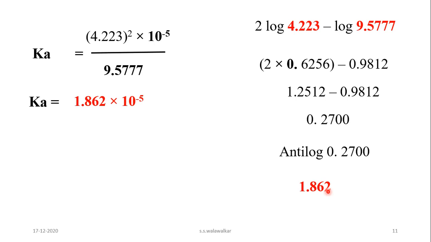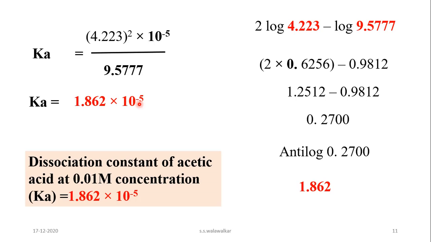K is equal to 1.862 into 10 raised to minus 5. So the answer is: the dissociation constant of acetic acid at 0.01 molar concentration is 1.862 into 10 raised to minus 5.